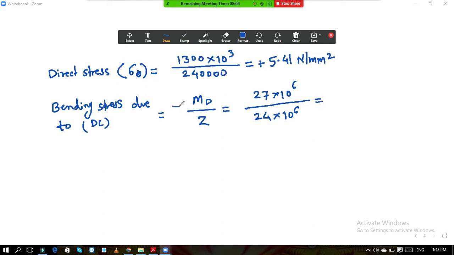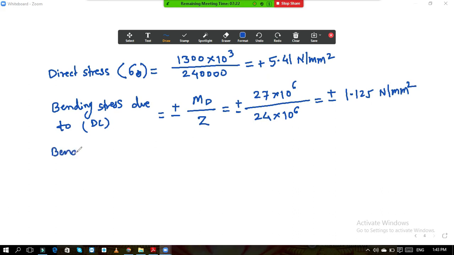This is plus at top and minus at bottom, because dead load is acting vertically downward. The bending moment generated in the beam is sagging type, and if sagging is there, then tension is at bottom and compression is at top. So at top it is plus, and at bottom it is minus. So your answer is plus minus 27 divided by 24, which is 1.125 Newton per mm square, or MPa.